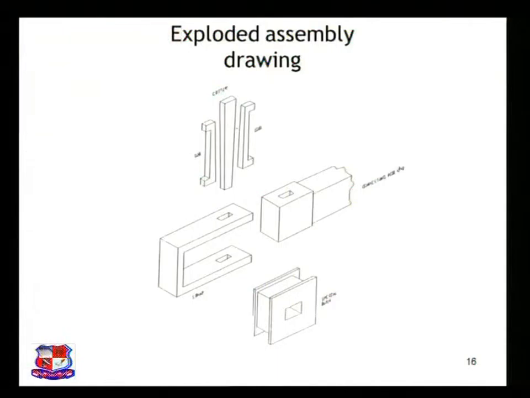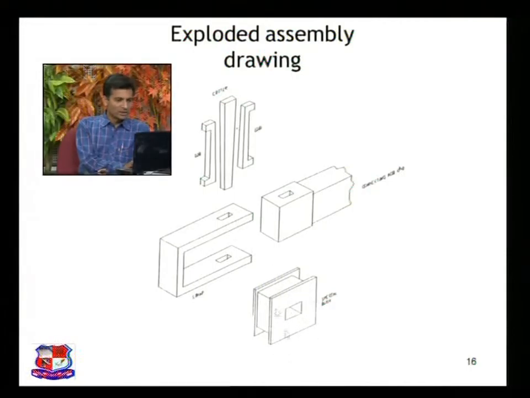This is the typical example of exploded assembly. It's a quarter joint, and in the quarter joint these are the components: the connecting end, snap end, quarter, and 2 gibs, and this is the boss. In this boss, this quarter is to be inserted in this gap.